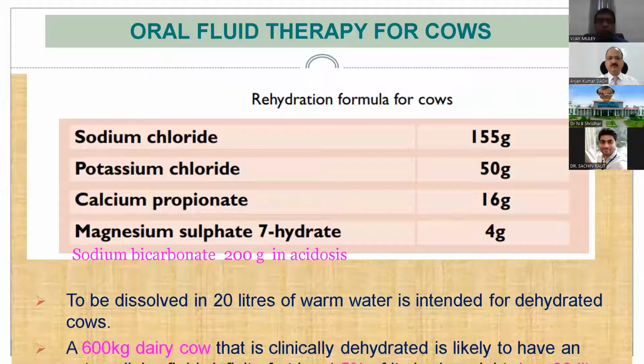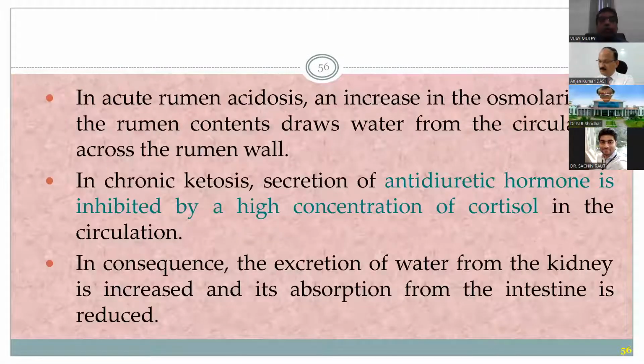Whereas if the animal is suffering from metabolic acidosis or rumen acidosis, you can add 200 grams of sodium bicarbonate, and this needs to be dissolved in 20 liters of warm water intended for dehydrated cows. A 600 kg animal requires 20 liters of this liquid.